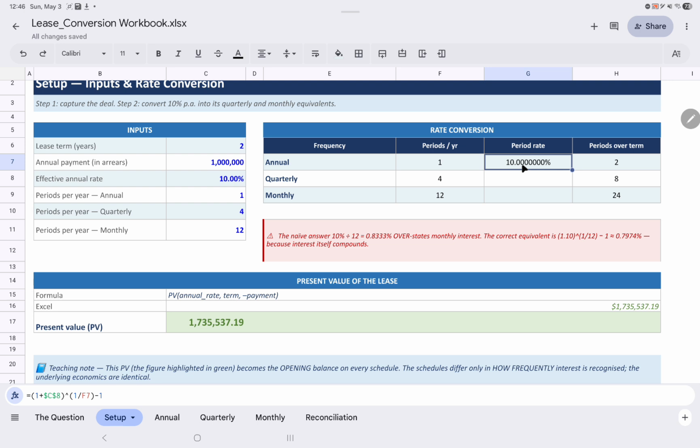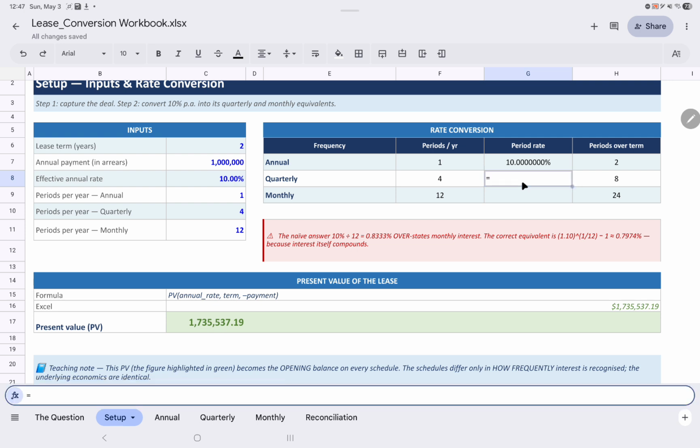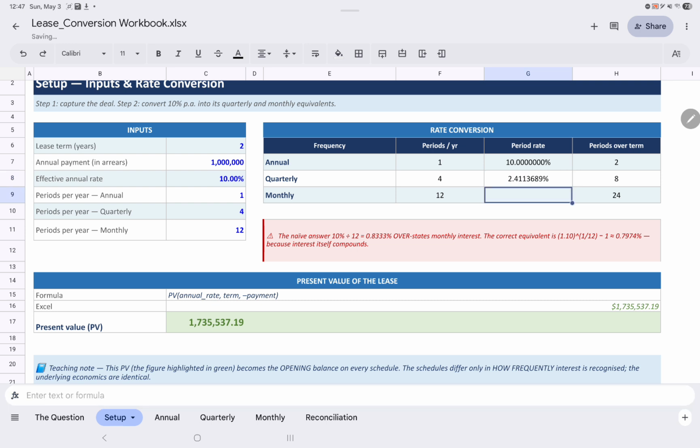So now we have the annual. How do we get the quarter? We say is equal to (1 plus R) power the period, 1 divided by 4, close the bracket, minus 1. That is the quarterly rate.